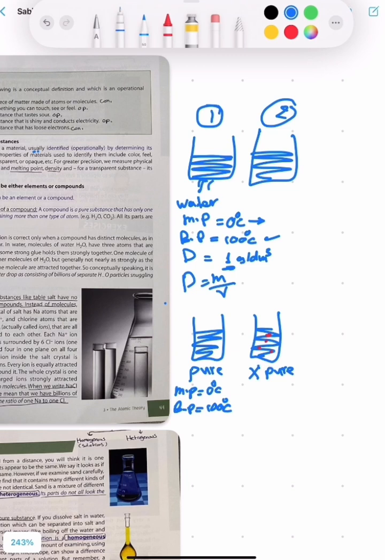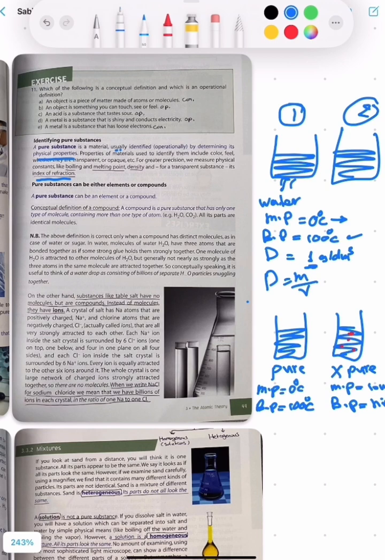For the not pure substance, the one with salt, the melting point would be lower than 0 Celsius, and the boiling point will be higher than 100 Celsius. So by comparing them, you will know which one is pure. We have two types of pure substances. It can either be an element or a compound. Mixtures are not considered pure substances because they have more than one thing inside.